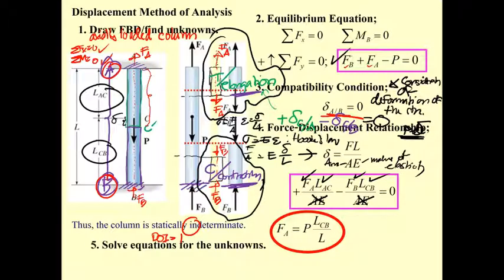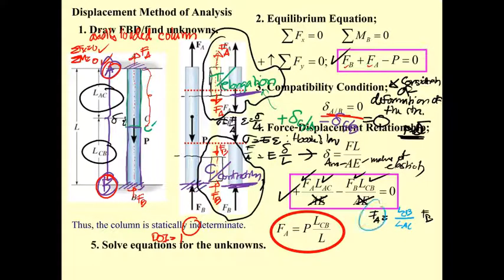So this one and this one, you have two equations. You may write F sub A equal to F sub B times L sub CB divided by L sub AC.